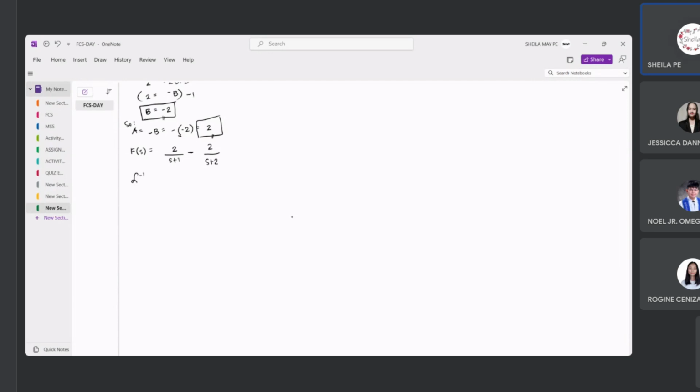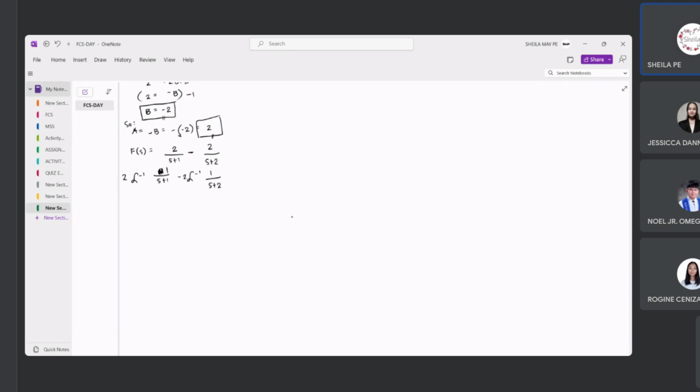So let's get the inverse Laplace of 2 over s plus 1 minus the inverse Laplace of 2 over s plus 2.